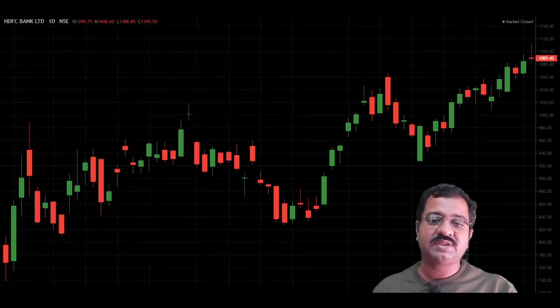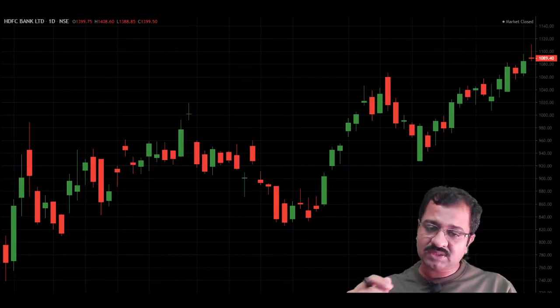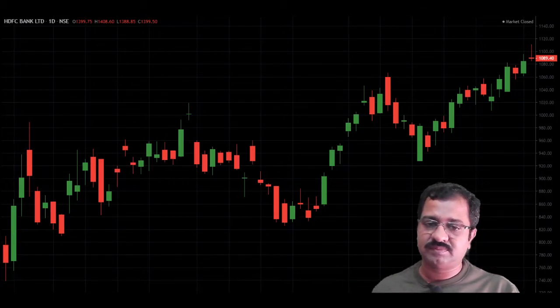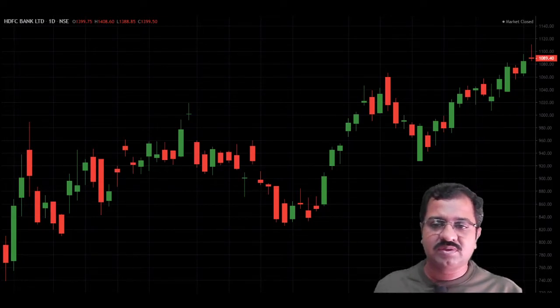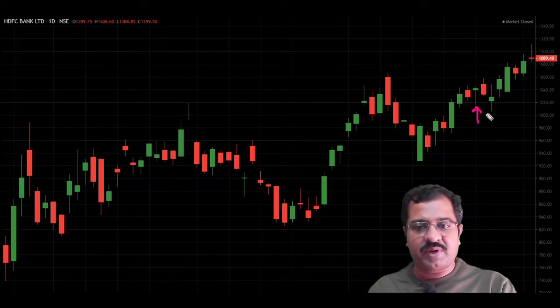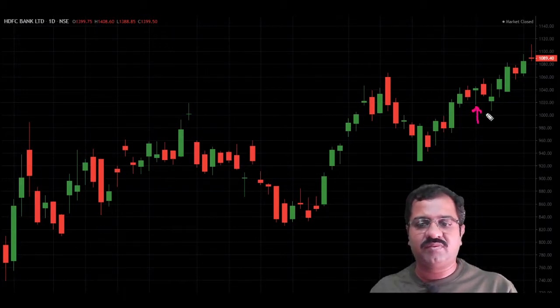Its meaning is that sellers are also trying to come in. I'll mark it here. You are seeing this candle, this is a dragonfly doji, prices were going up and this candle formed.